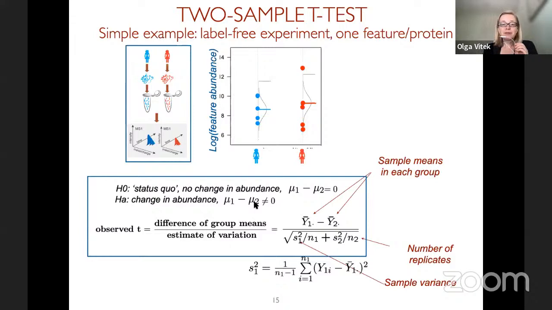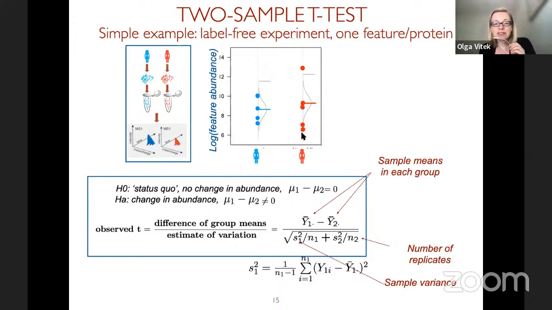Now we do not know what these population means are. What we do have is several measurements we take on some subjects selected from the healthy population and some subjects selected from the disease population. We'll try to summarize what we observe and use this to make conclusions about what we do not observe.